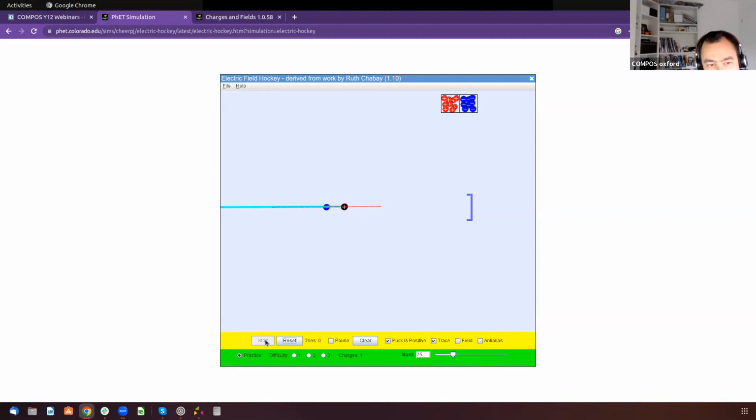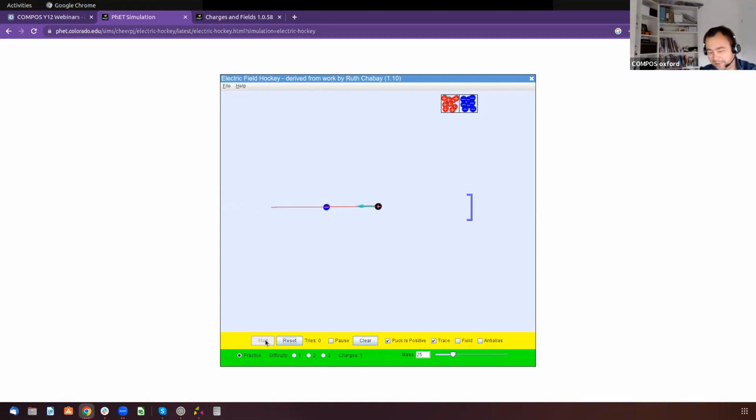The question is, is this simple harmonic motion? Have a think about it.